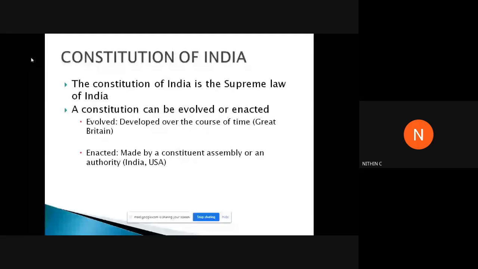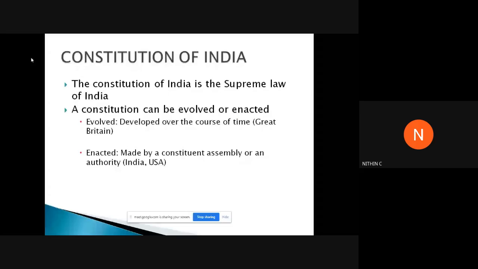That's the point. In the case of an evolved constitution, the contents are added one by one when the need arises. As the need arises, we are adding the contents one by one. And in the case of an enacted constitution, all the contents have been deliberately added all at a time. We have already added everything at the same time.